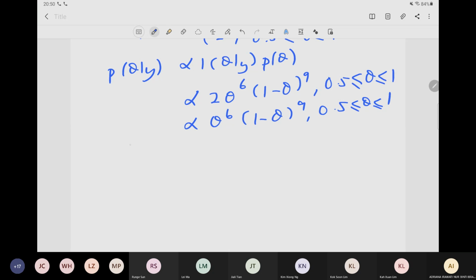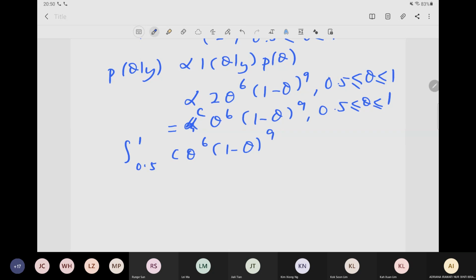So if it's a PDF, you have to integrate over the limits. If you have an equal sign, you have to have a constant here, right? So a constant times this is equal to integrating to 1. So now you need to find the value of this constant.